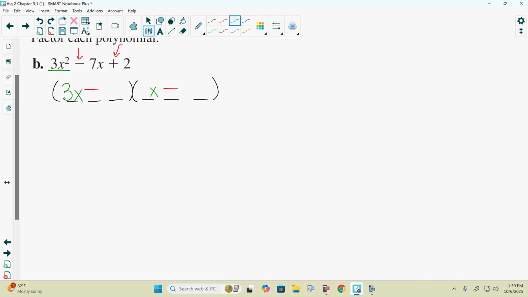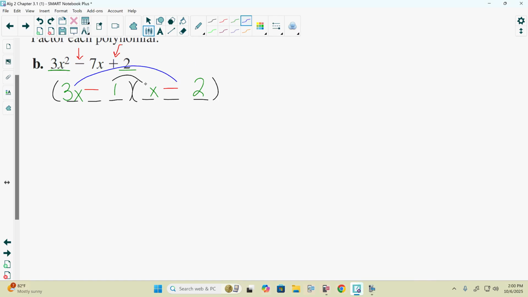Does it matter which one I put the 1 and which one I put the 3? Not at this point. We just got to put 1 in. We got to set it up and try it. Factors of 2. 1 and 2. Do we want to put the 2 with the 3x or the 2 with the 1x? Yeah, we can put it with the 1x. Put the 1 with the 3x.